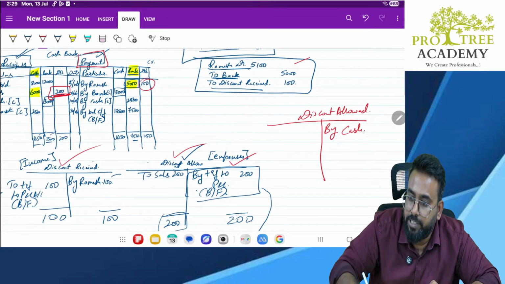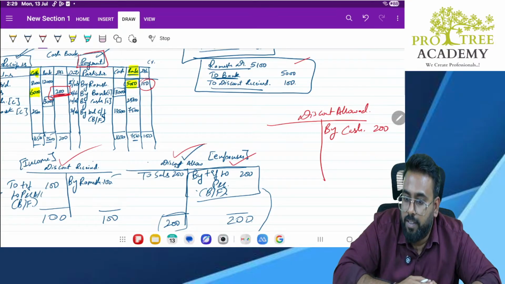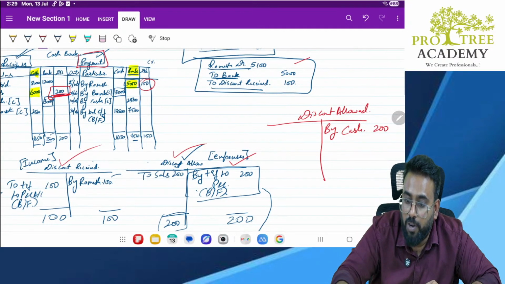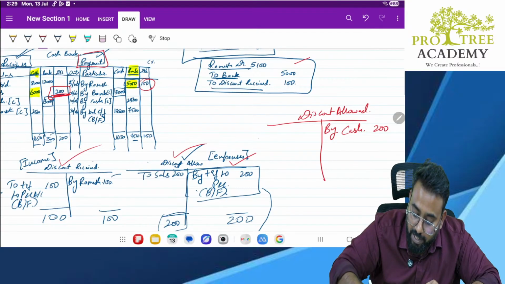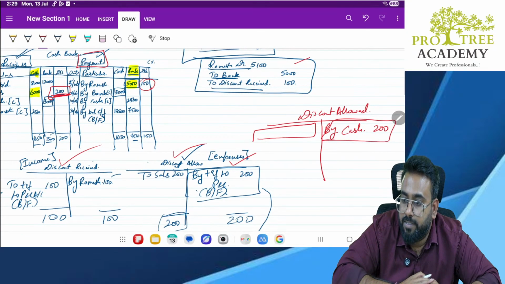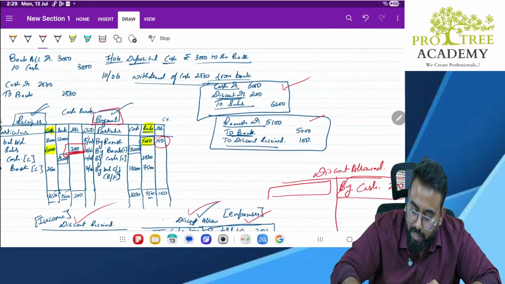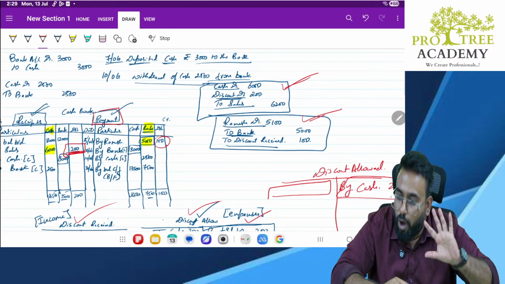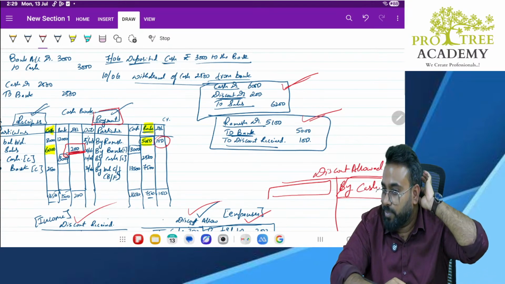By cash 200. But is it correct? Discount allowed is an expense account, not an income account. It should be on this side. But what is happening? Correct or no? Everybody is understanding? So always go back to the journal entry and then prepare the discount account. Or there is one more option, sir. What is that option, sir?